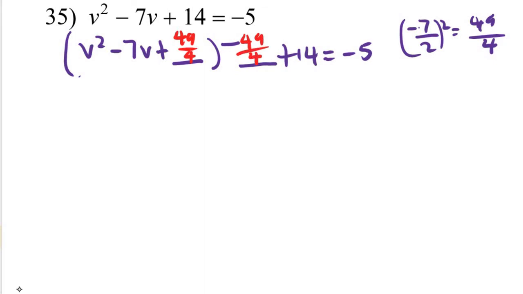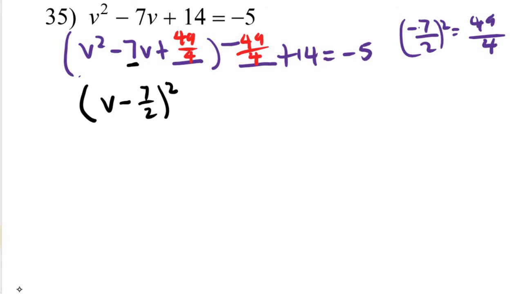And then we can write this side like this: v minus 7 over 2 squared. We're always taking half of this, okay? That's the factorization of that in the parentheses.